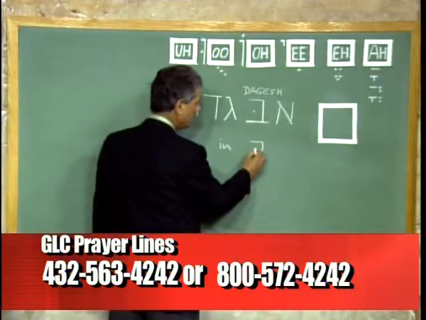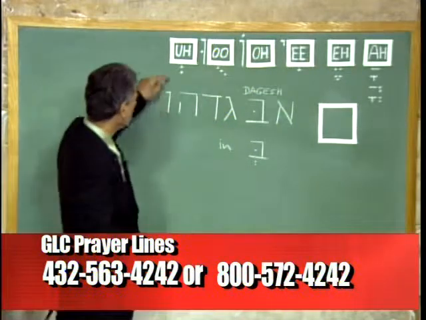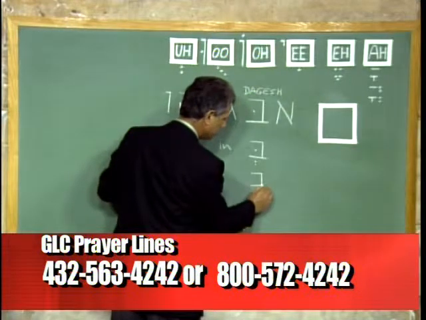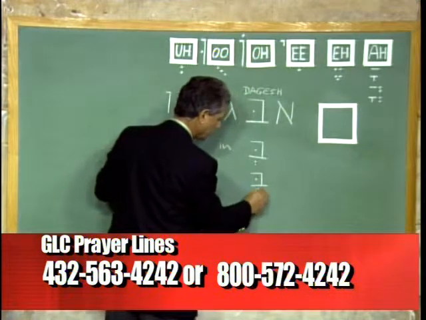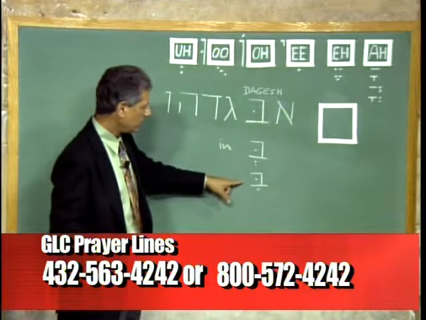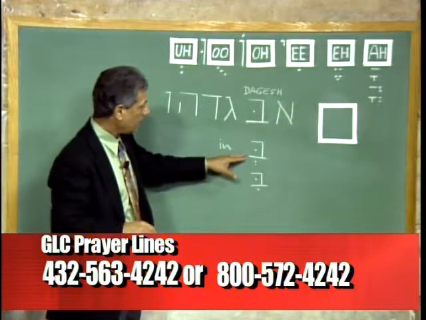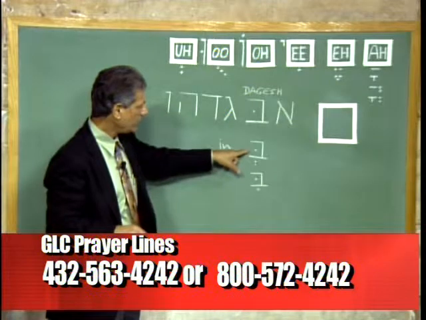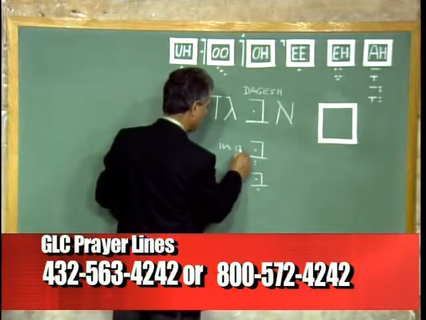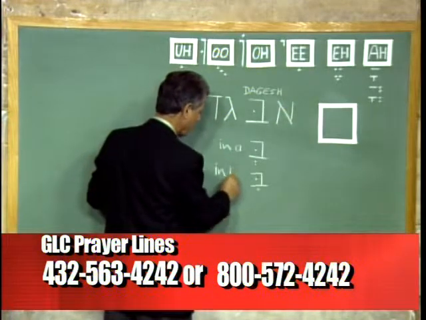One form is Be, like in here, and the other form is Ba, like in here. So we have in a, and this one is in too. But when I say in and use this form, I mean in a. When I use this form, I mean in the.